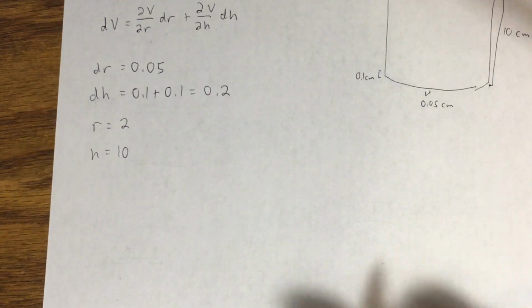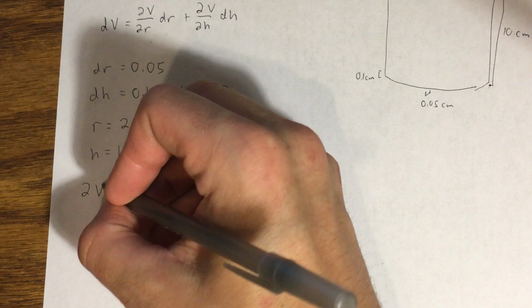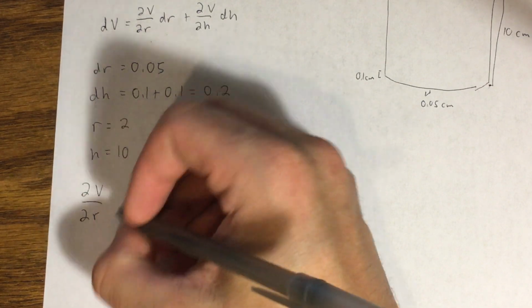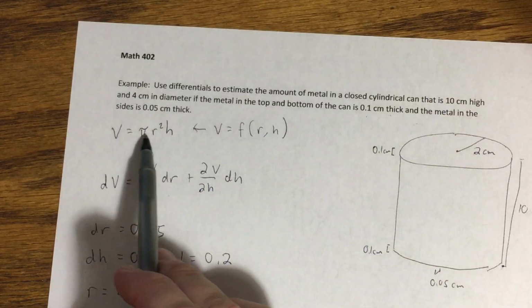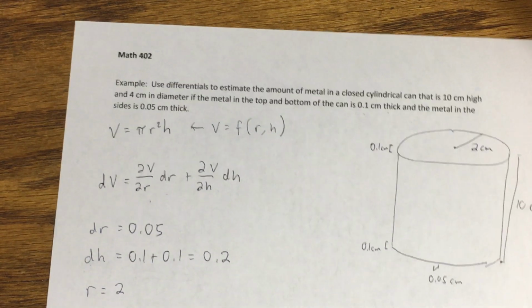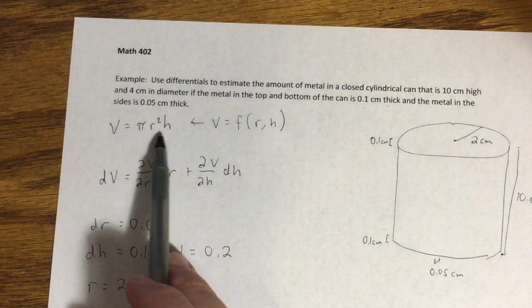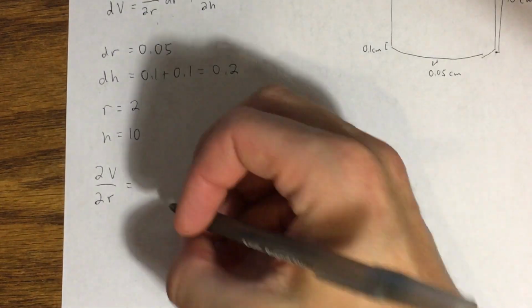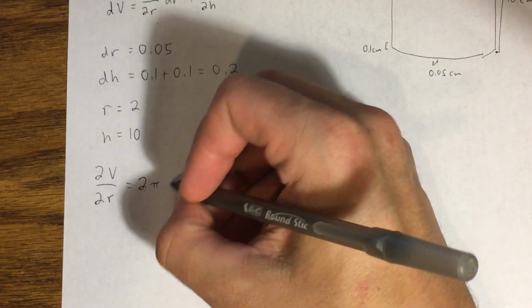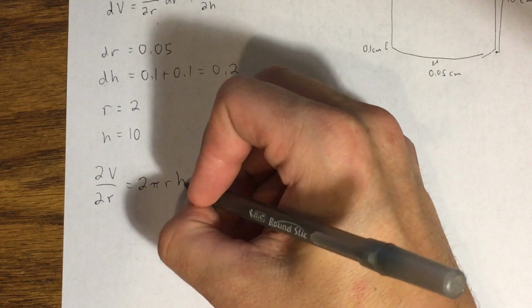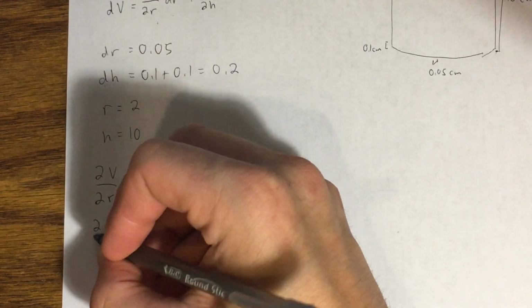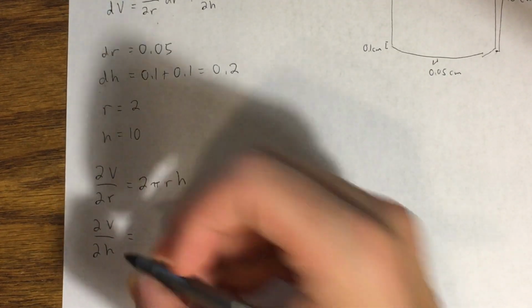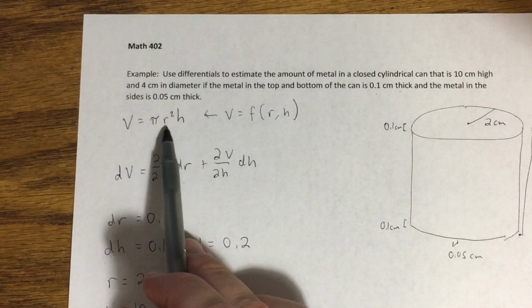So let's do that next. What is the partial of v with respect to r? Well, I have a function here that I can do that differentiation with. Differentiating this with respect to r gives me 2 pi r h. And if I differentiate with respect to h next, that's just going to give me pi r squared.